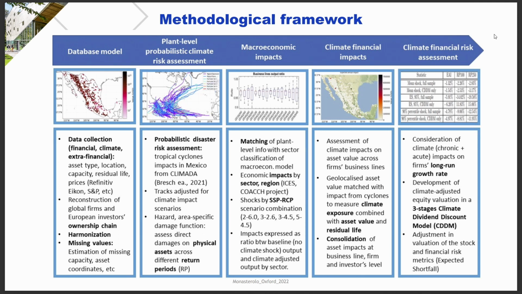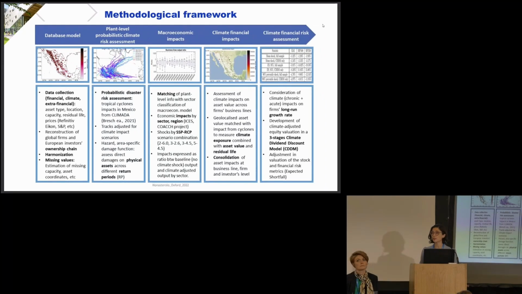Of course, the analysis can be extended with other databases, such as the database that they are developing at Oxford, and tailored. Then, the database also includes the reconstruction of firms' global ownership chain in order to see the relevance of the assets for firms' revenues. There is work of harmonization and standardization.